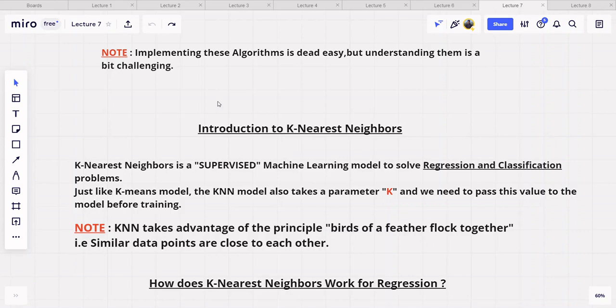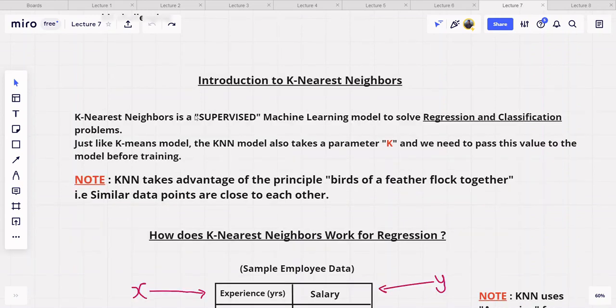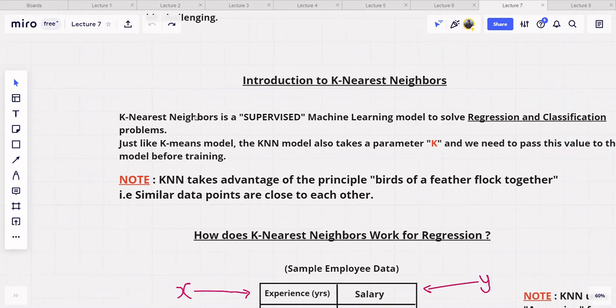Now, it is heavily inspired by k-means clustering, but it's kind of the opposite of k-means clustering, because k-means clustering is an unsupervised machine learning algorithm, whereas k nearest neighbor is a supervised machine learning algorithm.